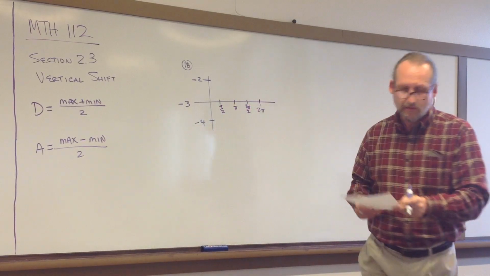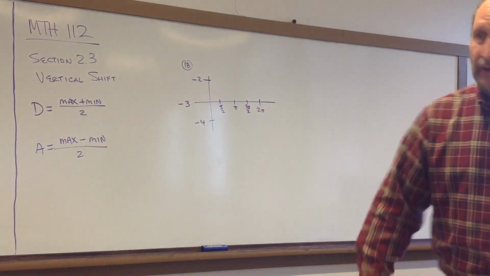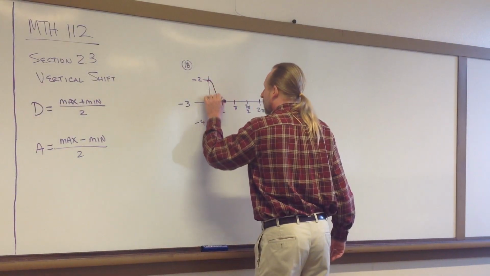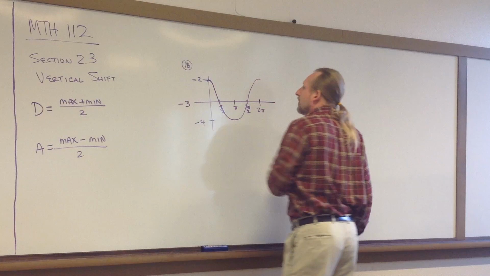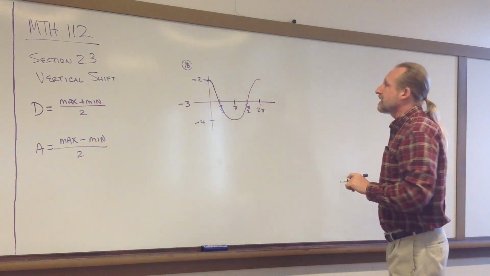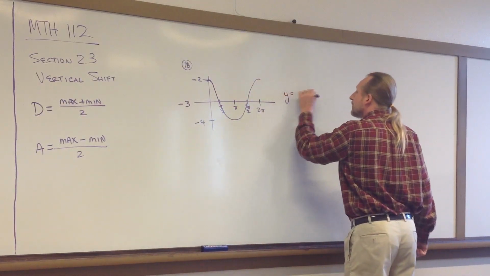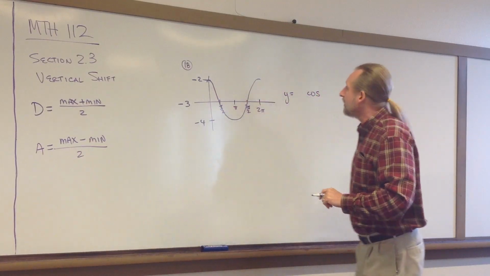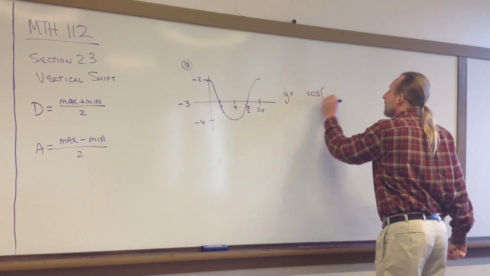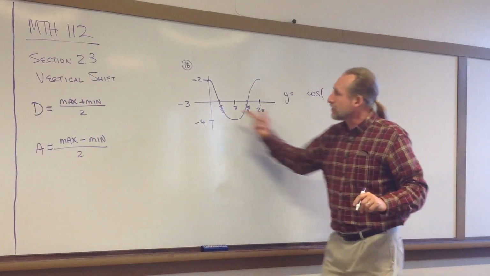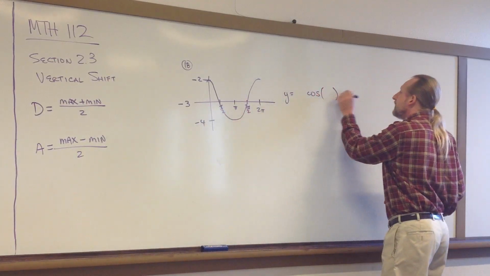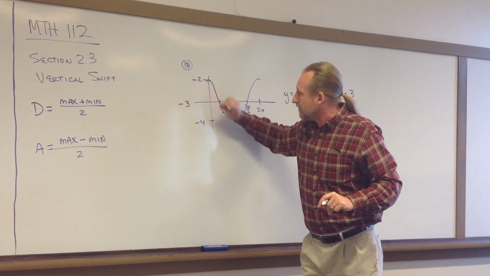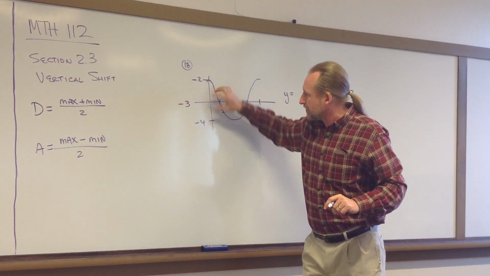Okay, great. So let's see here. Now again, notice this is a cosine graph. Looks something like this. It starts at the maximum value, so this is going to be a cosine graph. It's a positive cosine graph. The vertical shift is going to be -3. Our amplitude is just 1, right? From the distance between each of these.